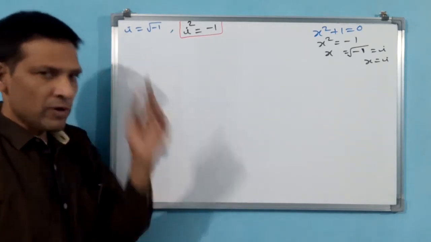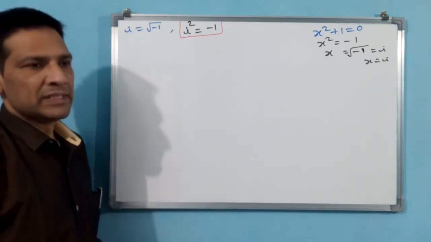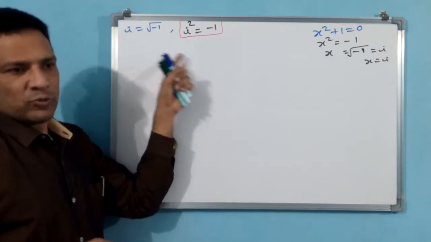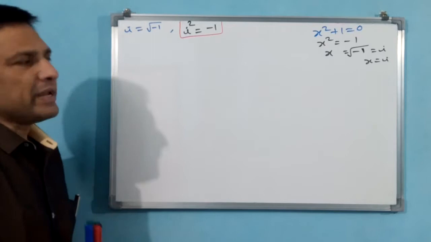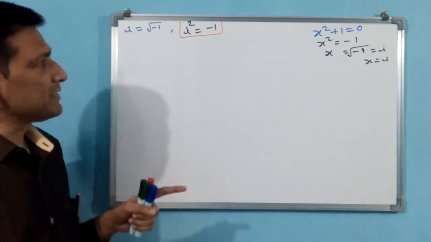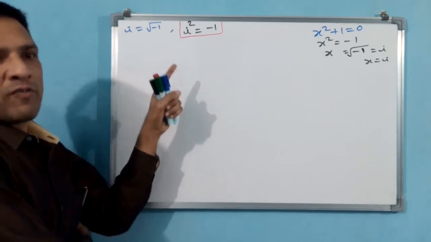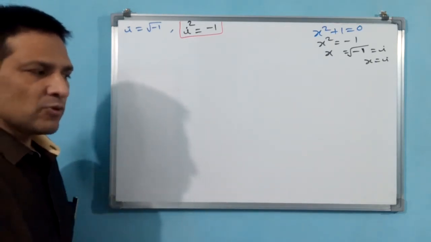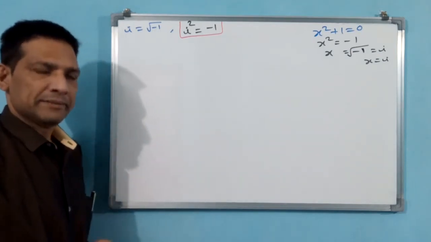Like that, if you want to bring the bigger number down, then you have to know these two values. Then we will bring the remaining also. But right now I have not entered complex numbers. See, we know the value of i. Unless you know the value of i, you cannot know about the concept of complex number.